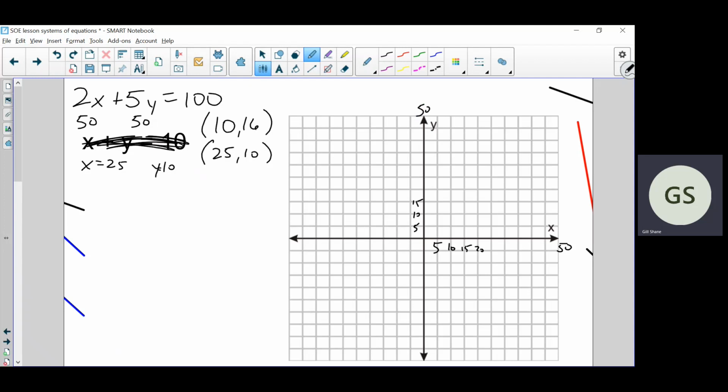Putting 16 on there, I could estimate about where it's going to be, but it's not the greatest point. This one's fine because I'm ending in 5 or 0. Anytime you're ending in 5 or 0, those are going to be on there. But all you're doing is just figuring out what ordered pair, what x and y, will make this side equal that side. So now to the process way.